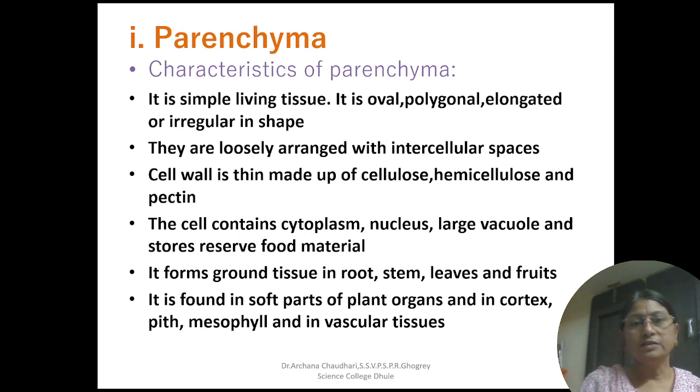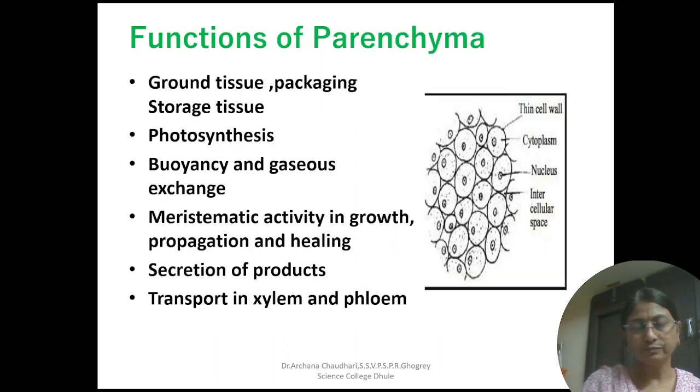The cells contain cytoplasm, nucleus, large vacuole, and it stores the reserve food material. It forms ground tissue in the root, stem, leaves, fruits, and many other parts of a plant. It is found in soft parts of plant organs like cortex, pith, mesophyll, and vascular tissues.